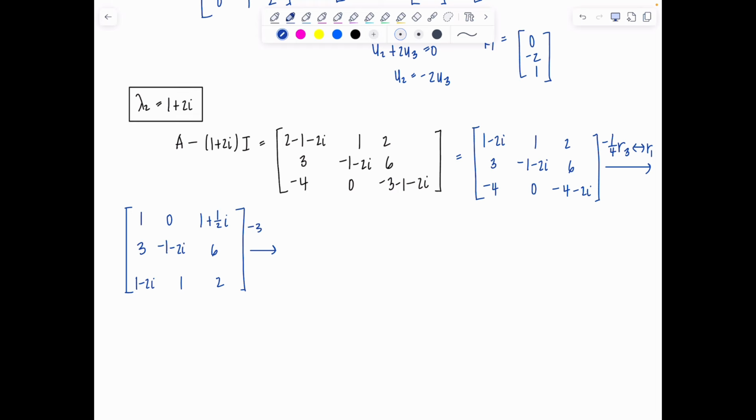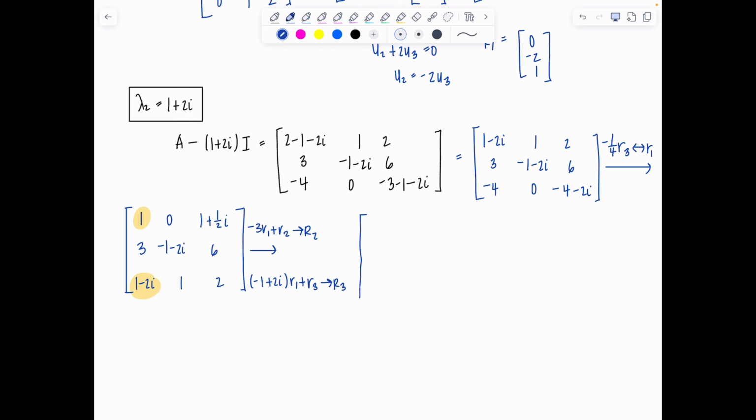So negative 3 row 1 plus row 2 is the new row 2. How do I make 1 minus 2i a 0 using the pivot in row 1? What do I need to multiply it by? Perfect. Negative 1 plus 2i, row 1, plus row 3 is my new row 3.